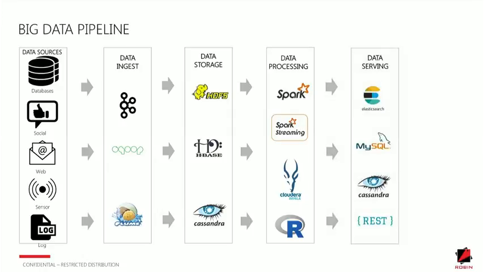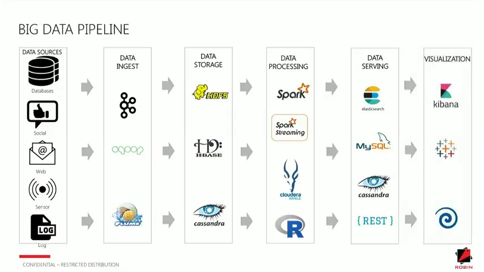For the serving view, we could put the data in Elasticsearch or a MySQL database or Cassandra, or even provide REST APIs for the downstream visualization tools, which can be Tableau or Kibana or even something like Pentaho as well. So this slide is just filled with a bunch of logos.